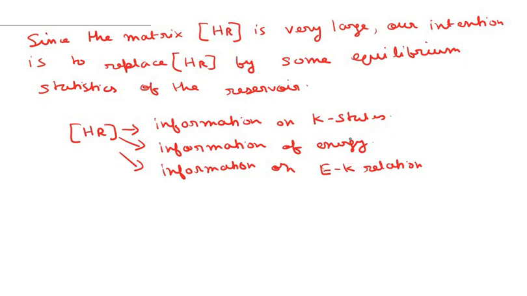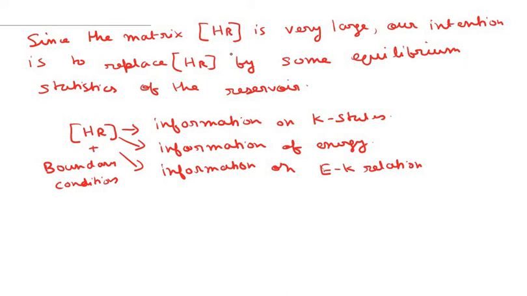When we have HR plus boundary conditions, we know information on the density of states. And so we can basically replace this information available in HR by the density of states, by the EK relation, and information on the available energies.